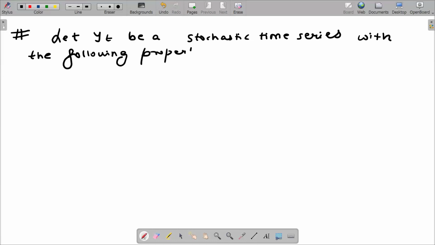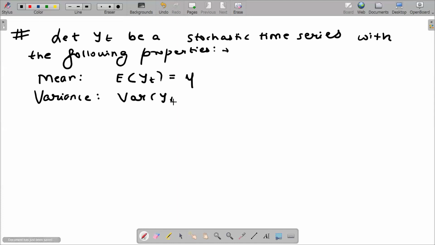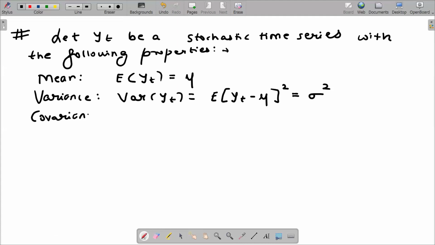The mean is the expected value of yt, which is equal to mu. Variance is denoted by variance of yt. By definition, it is the expected value of yt minus mu squared, which is equal to sigma squared. And the covariance is gamma k, which is the expected value of yt minus mu times yt plus k minus mu.